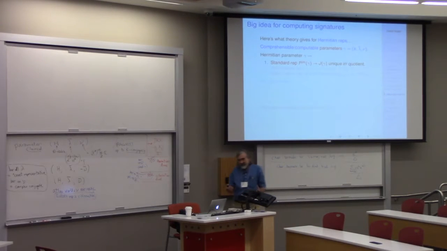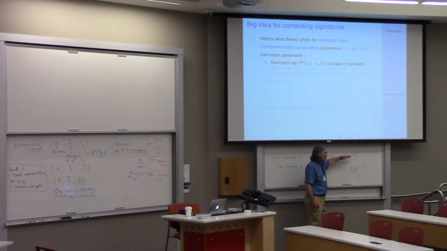This Verma module is gigantic, but it's built in a very simple way. This finite dimensional one is the interesting thing. It's much smaller, but in many ways more complicated.